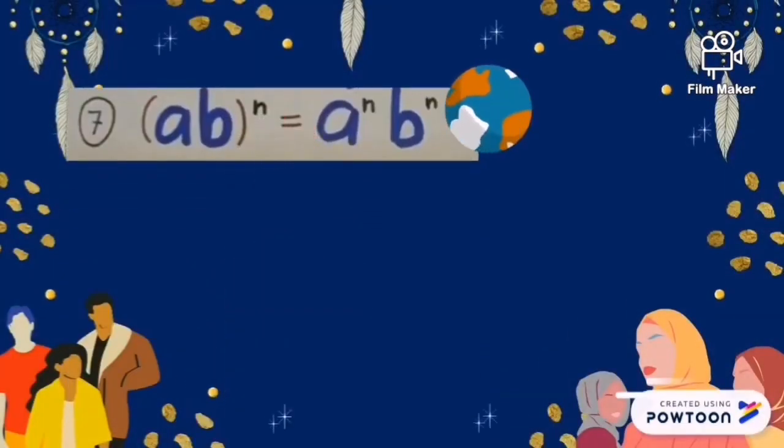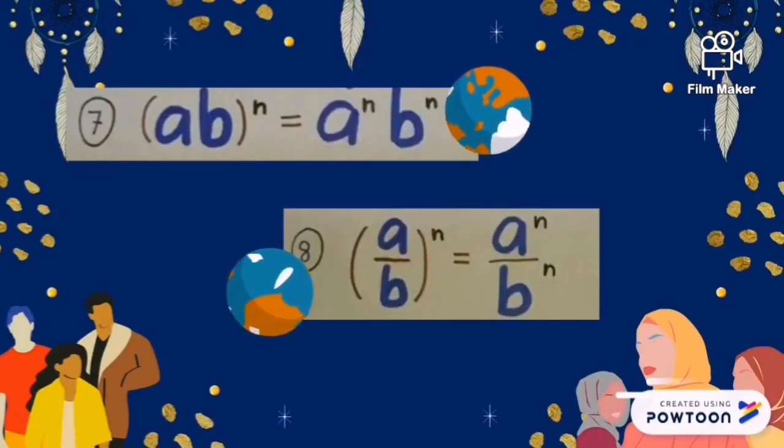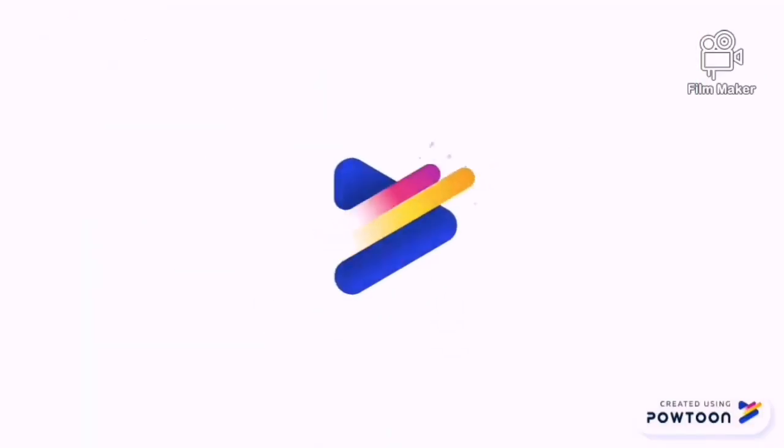Seventh, (ab) to the power of n equal to a to the power of n times b to the power of n. Lastly, (a over b) to the power of n is equal to a to the power of n over b to the power of n.